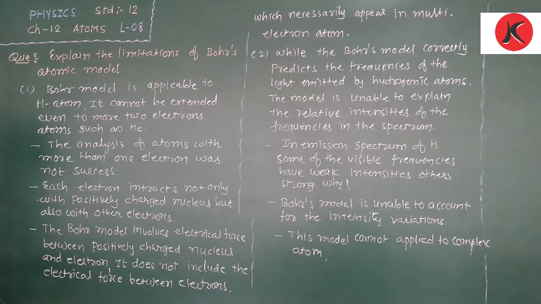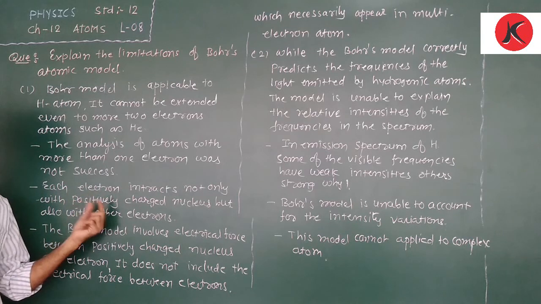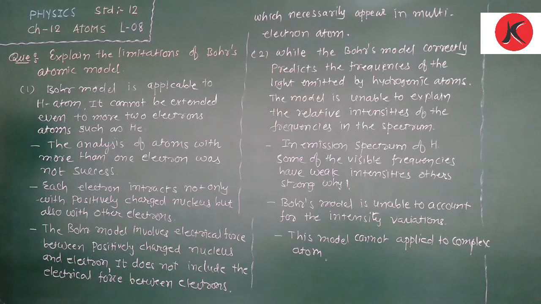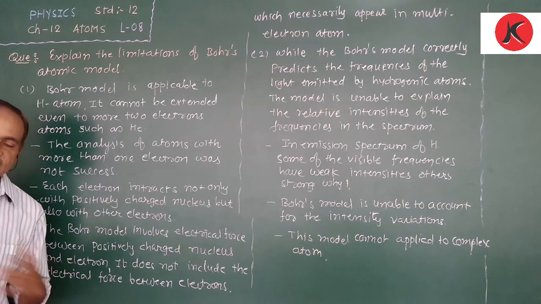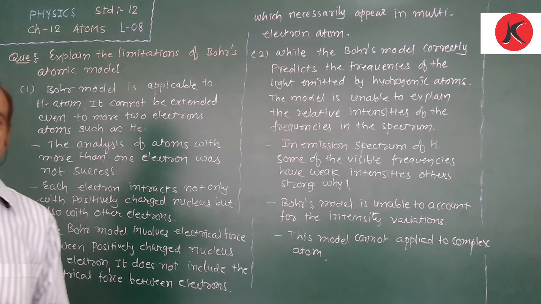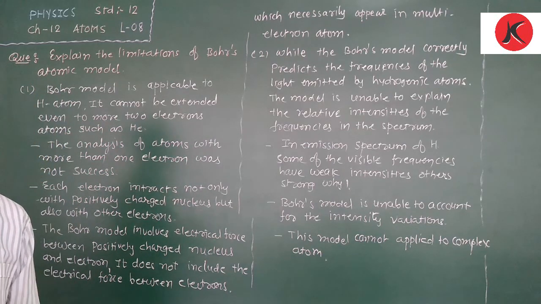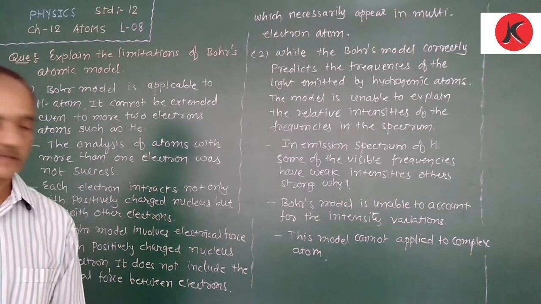Now, each electron interacts not only with the positively charged nucleus, but also with each other. So interaction between the electrons also takes place in the case of an atom with more than one electron. Okay.